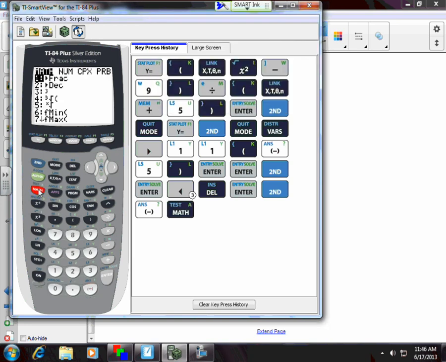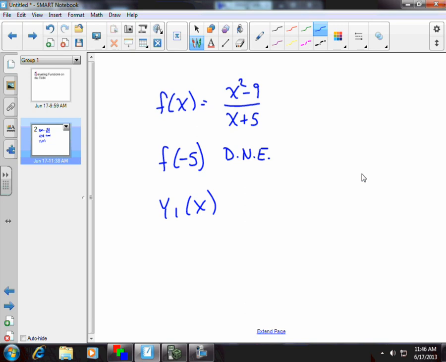So math, and notice it's option 1 frac, and now we will press enter. 1.6 is really 8/5. And of course you can see that, right? F of 5 is 25 minus 9 over 10. So that is 16 over 10, or 8/5.